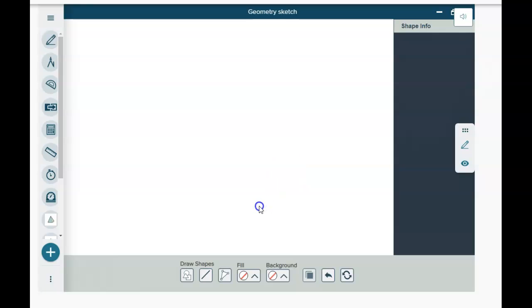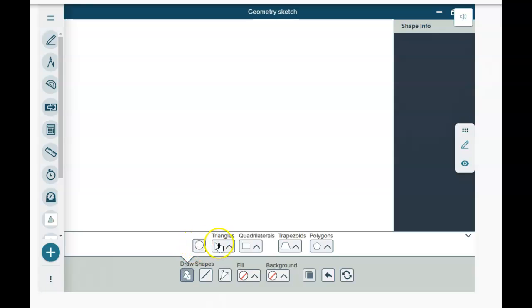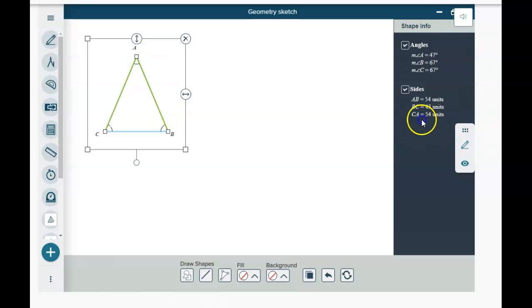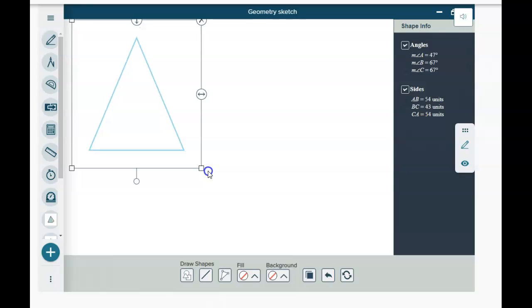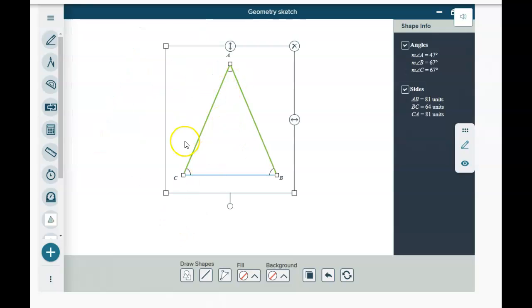Now, if at least two of my sides are the same length, that is what we would consider an isosceles triangle. So notice that AC and AB are the same length, and so I can do this, and even though I lengthened AC and AB, they're still the same length.